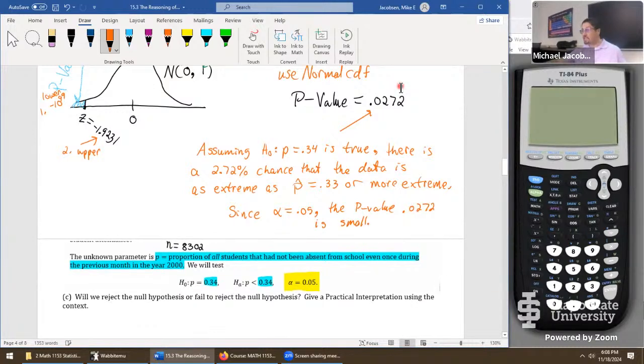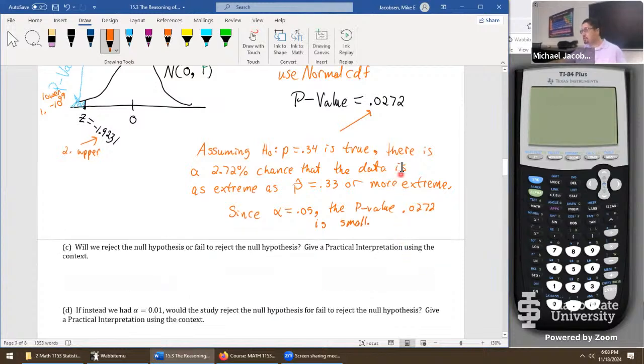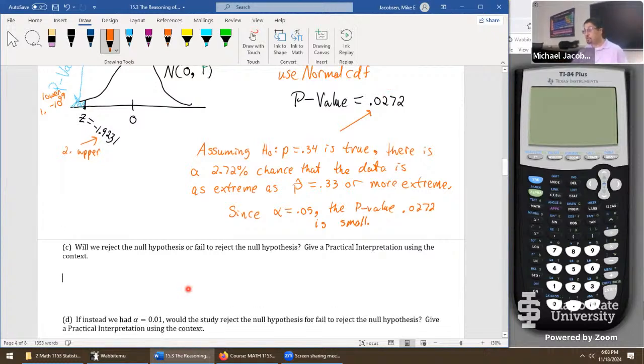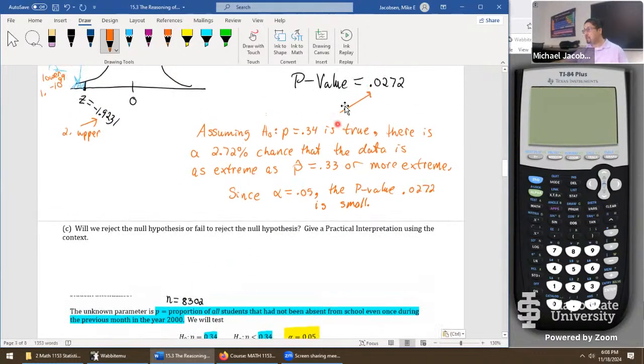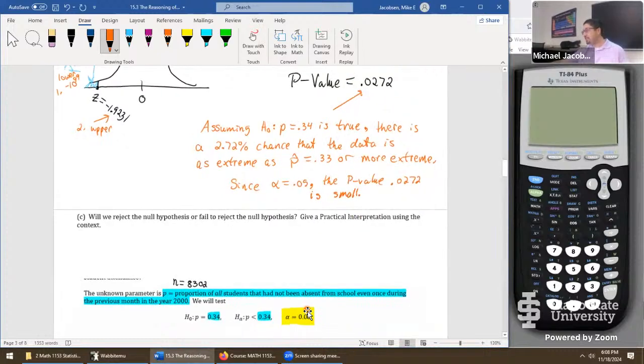So what we mean by small is below whatever alpha is. So there's only about 2.72% chance of obtaining data as extreme as what we obtained, or more extreme. We can now say here, because the p-value is 0.0272, it's less than the significance level alpha, we will reject the null hypothesis.